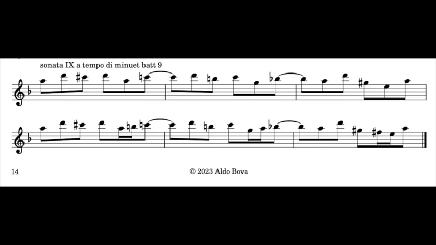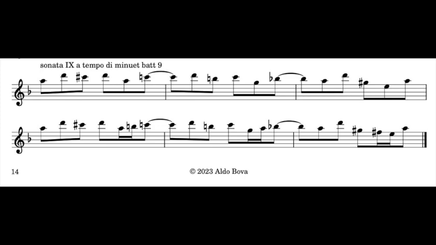And we will see that between A and C, and between G and B. And after, this is very interesting.